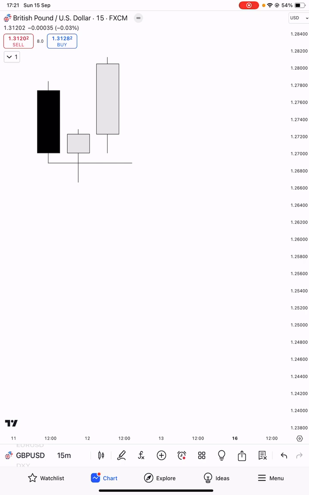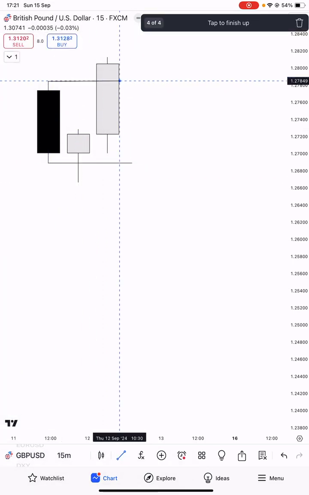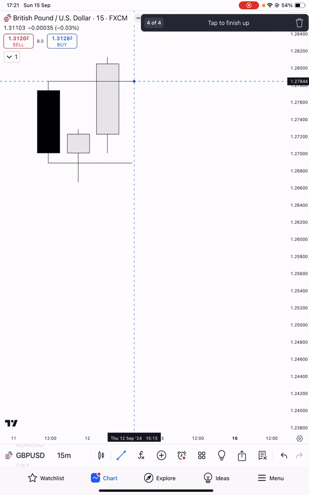This is a candle range. It's different. So you have a Monday low, Monday high, and you take, obviously with context, otherwise it will be a pattern.